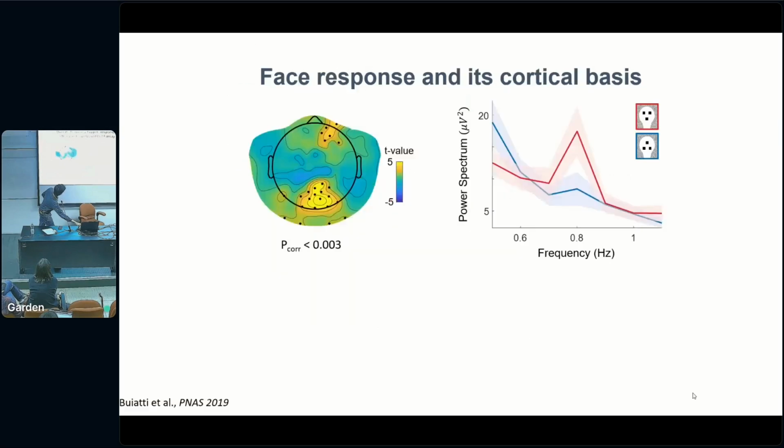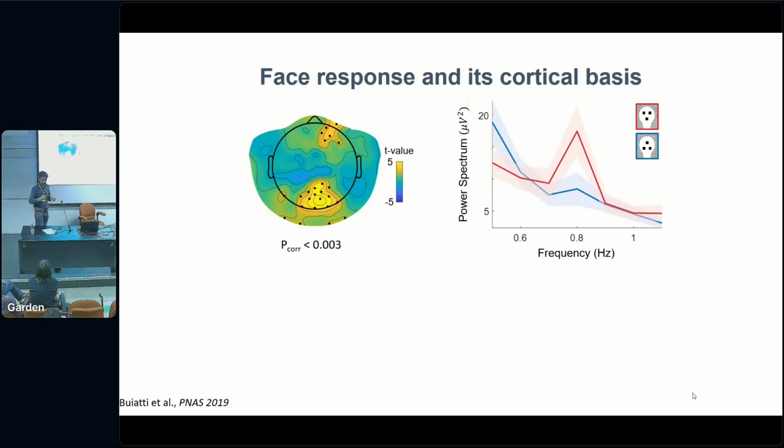So, I can go straight to the response, otherwise I don't have time. This is the power spectrum. We used the raw power spectrum because we really did not have a lot of trials. In a quite distributed region, we have a significantly higher peak for the face-like stimuli with respect to the inverted faces.